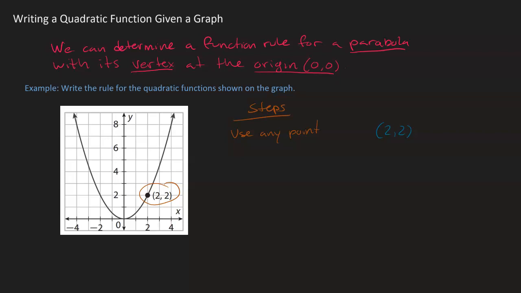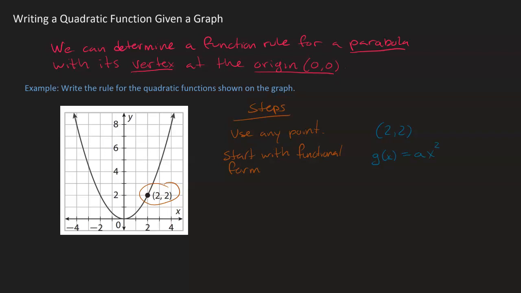The second step is start with the functional form, meaning the parent functional form. And that would look something like this: g of x equals a times x squared.